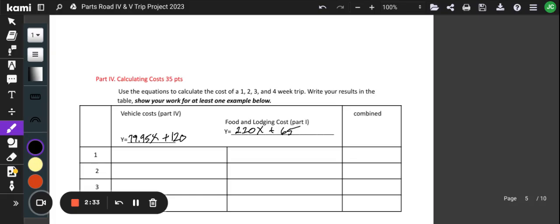That should give me 299.95. Excuse me. So 299.95x plus 120 plus 65, so 185.